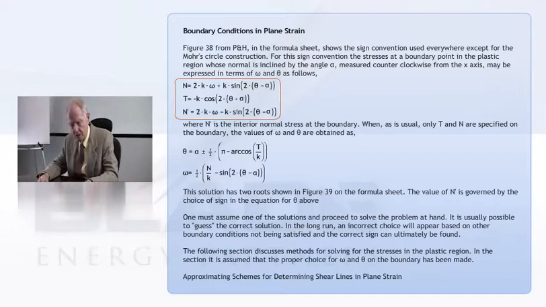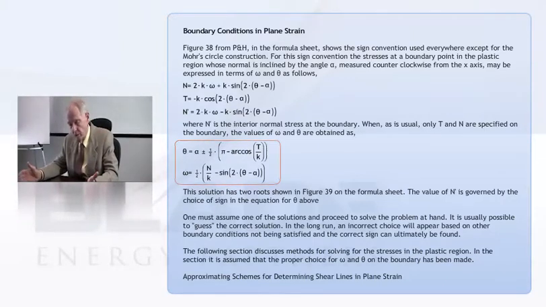T is the shear stress on the surface, and N prime is this interior normal. When we try to invert those equations, then we can boil down the two equations that are below the first three. And you can see that on the theta, there's a plus or minus. So this is the case where there are two more circles with the same normal and shear stress, and we've been through that before.